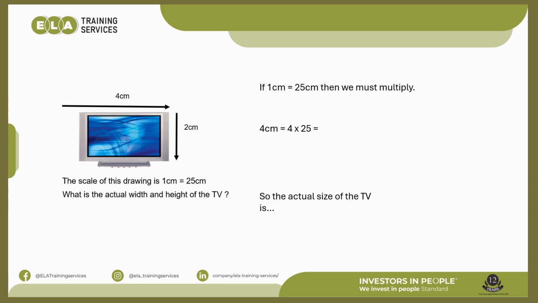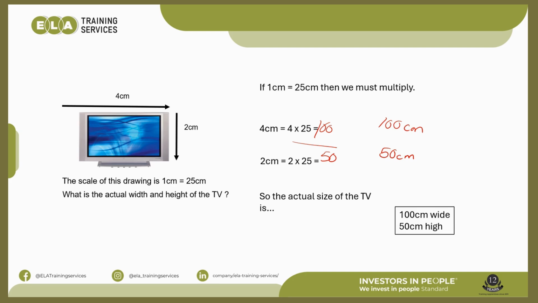So 4 times 25 is 100, and 2 times 25 for the height is 50. Now it's important in your exams that if you work it out as a maths sum, you must put the answer with the scale on, so that the examiner is aware that you know what you've measured or worked out to be. So the actual size of the TV is 100 centimetres wide and 50 centimetres high.